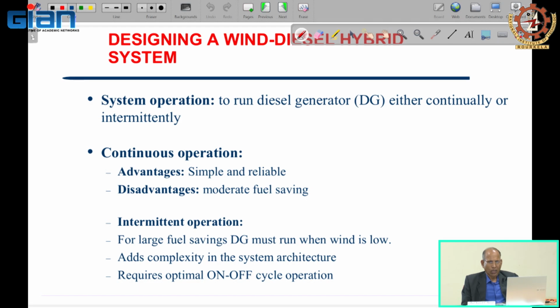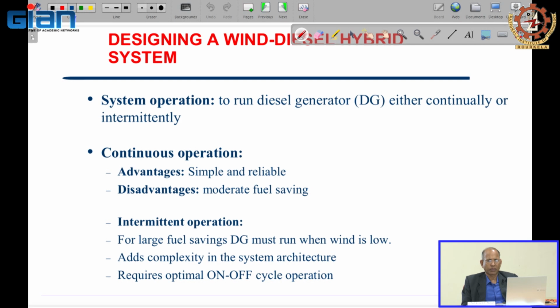Okay. So some points you will find really very interesting: when we have the wind diesel hybrid power system, think of a case where you have got the diesel generator.